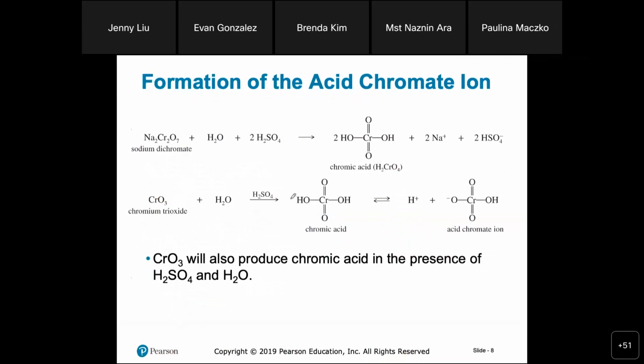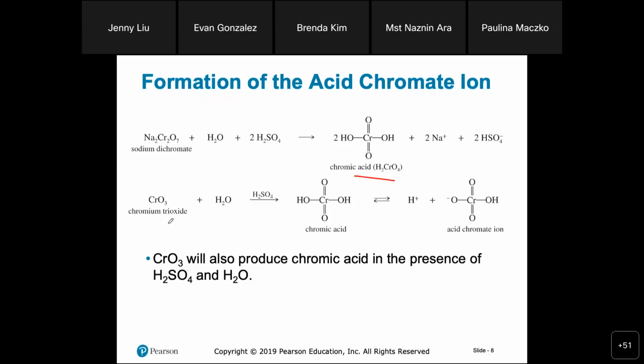Now, how can we make the sodium chromate, or you can say the chromic acid? The formation of the acid chromate ion. Firstly, we start with sodium dichromate. Sodium dichromate in the presence of water and sulfuric acid forms chromic acid and leaves the sodium ion and bisulfate ion.